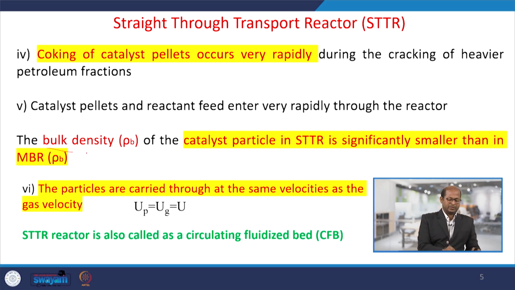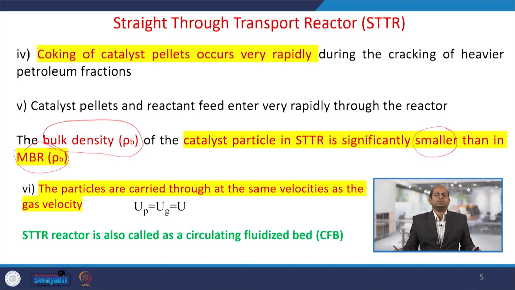So, in this type of reactor, the bulk density of the catalyst particles is significantly smaller than in moving bed reactors. In the case of the moving bed reactor that we have studied, that is a packed bed of the catalyst that is moving slowly. So, there the gas component or reactant component is less than in a straight through transport reactor.